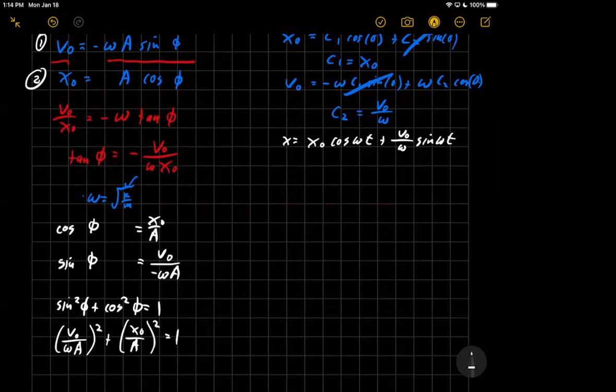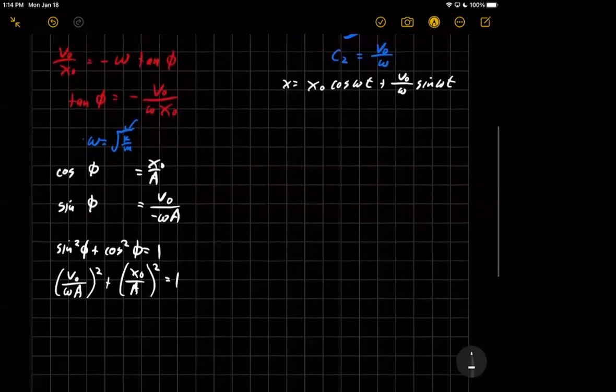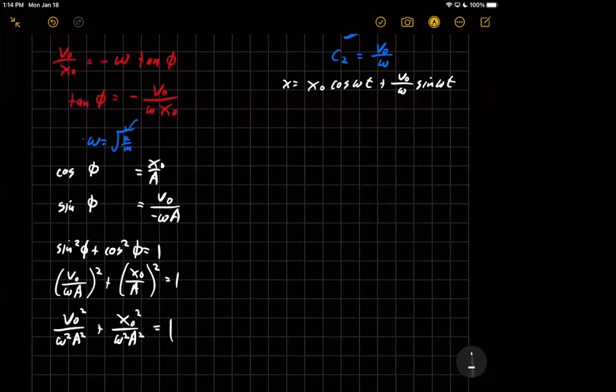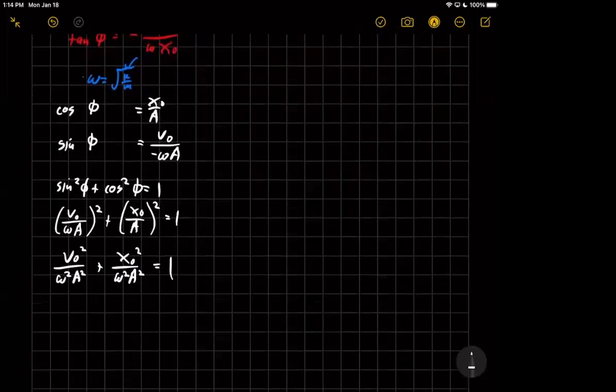That has to equal 1. So V naught squared over omega squared A squared plus X naught squared over omega squared A squared is equal to 1. I'm sorry, I have to put an omega squared up here.